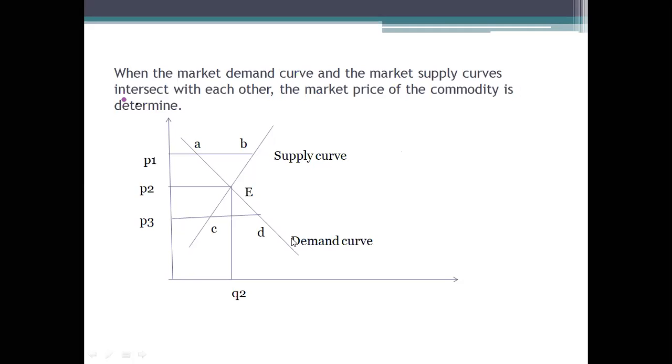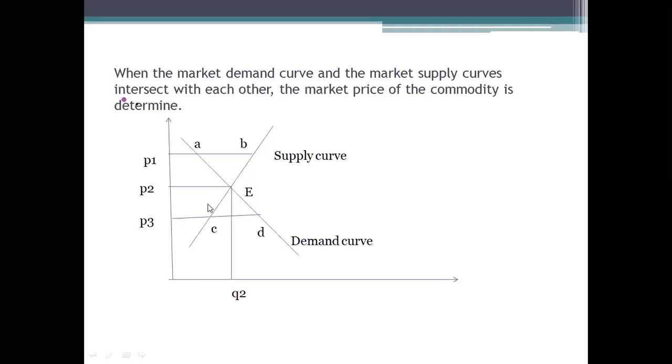So this demand curve is a market demand curve and this supply curve is a market supply curve. Okay. So I mentioned that whenever we determine the price of a commodity, we determine the price at that point where demand and supply are equal. That means when market demand and market supply are equal.